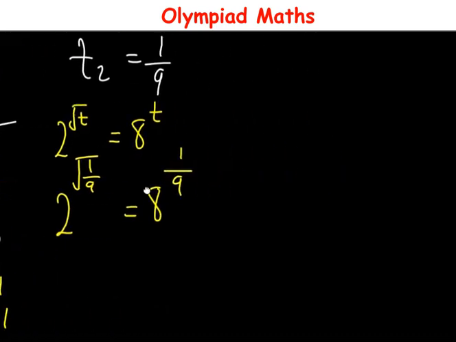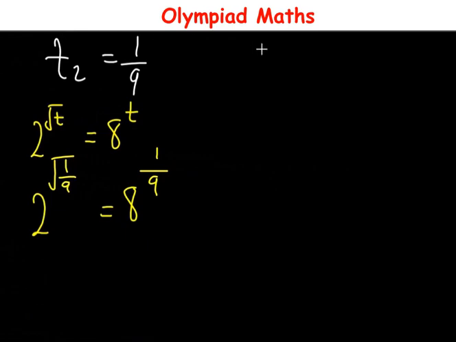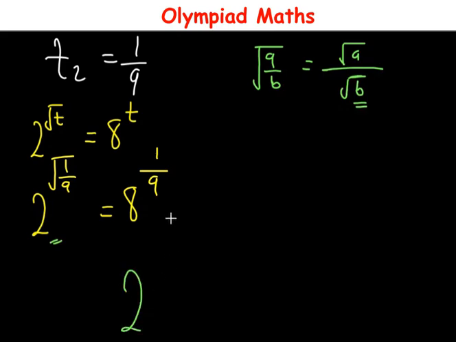So from here, applying this rule that if you have root a over b, this equals root a over root b. Applying this rule right here, this then becomes 2 raised to power root 1 over root 9 is equal to 8 raised to power 1 over 9.